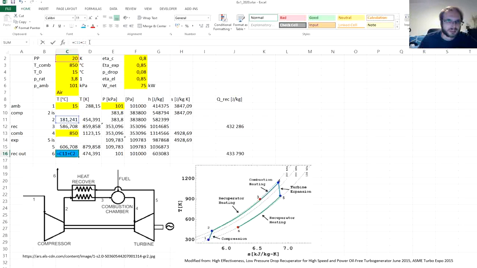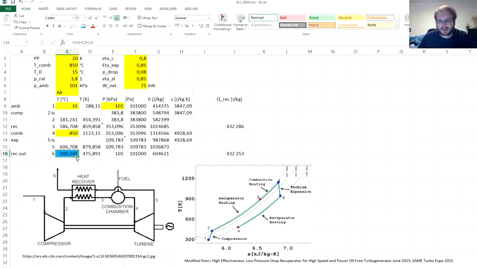So it will not be 20 degrees C, but it will be higher. So if we, for example, try to add plus 1 degree Kelvin, it changes a little bit. 1.5. We have almost the same value, so you can see it's not much of difference.